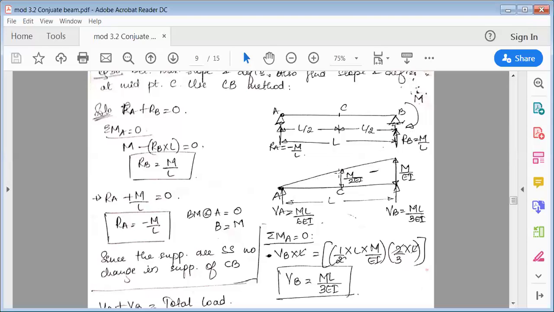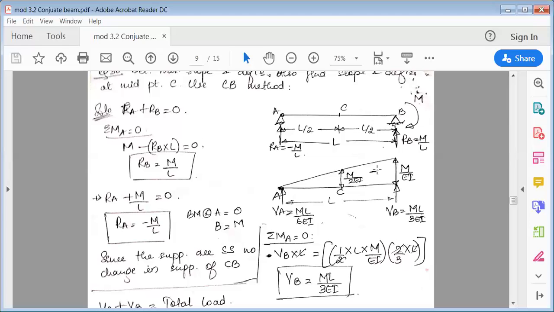Now you can see here, I've shown this with a negative sign. The reason is that this moment M will try to push the beam upward, specifically the BC portion goes upward. Upward movement of the beam causes negative bending moment, which is also called hogging moment.